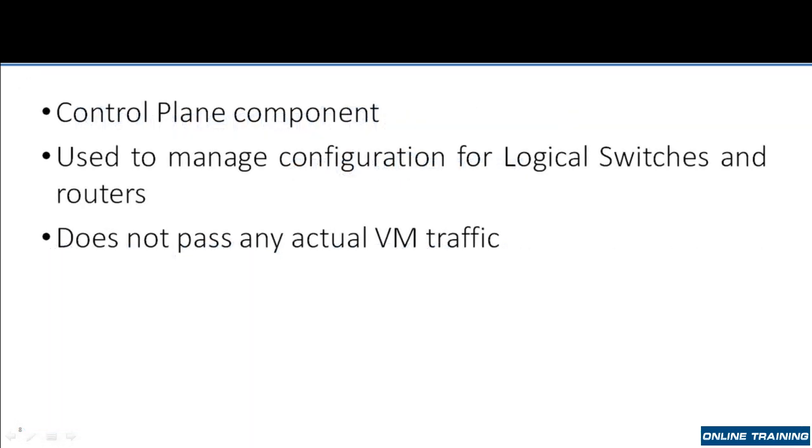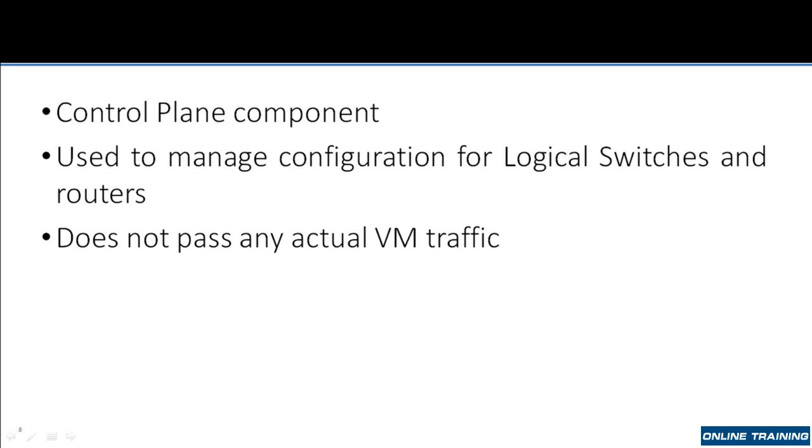But with a control plane failure, it will eventually impact traffic. It may slow things down. I don't have any actual virtual machine traffic flowing through the control plane, but it does perform some functions that are critical to the ongoing health of my network. Whereas the data plane, this is where the VM traffic actually flows.